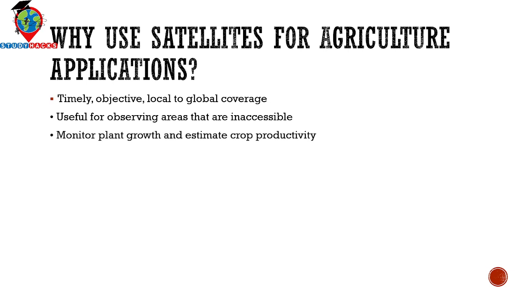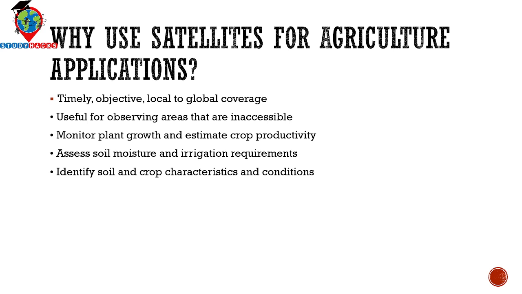We can also monitor plant growth and estimate crop productivity using this remote sensing application, and assess soil moisture and irrigation requirement. It's also very important for the agricultural sector.